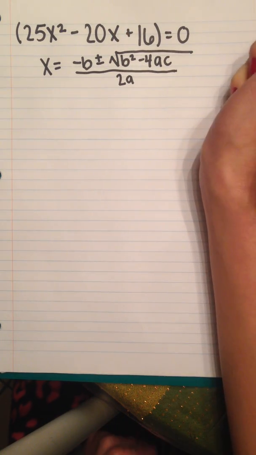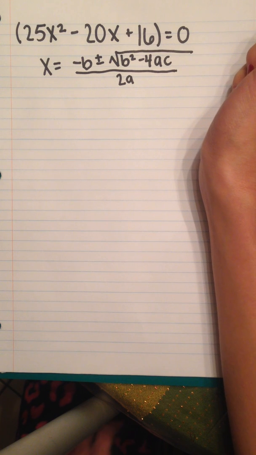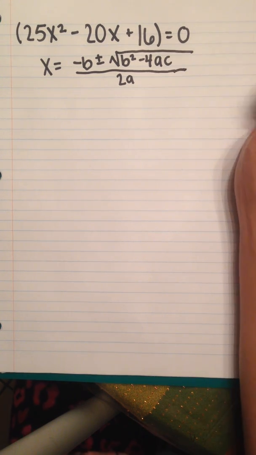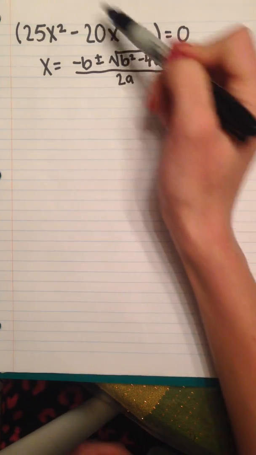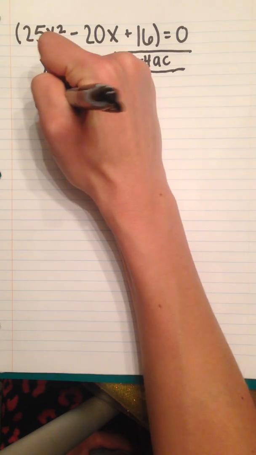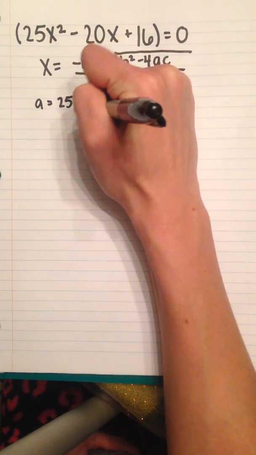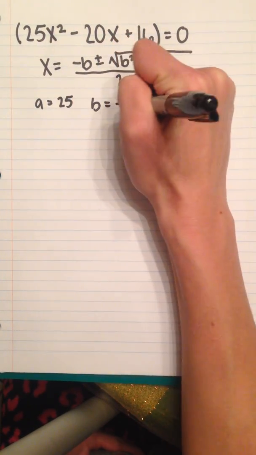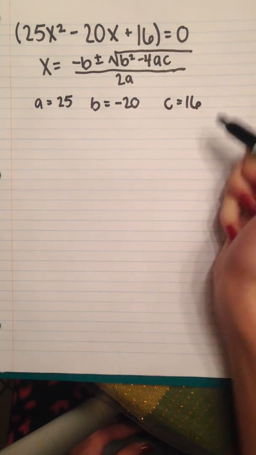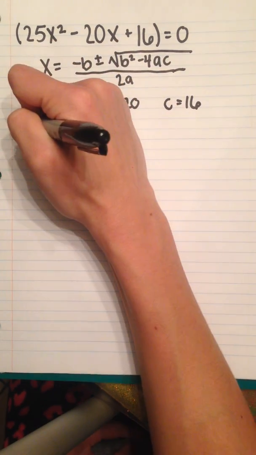If you don't have that memorized, I suggest you memorize it. There is a song you can look up that goes with this to help you memorize it. That's how I did. Now we can recognize in this equation that a is 25, b is negative 20, and c is 16. So we can plug that right into the quadratic formula.